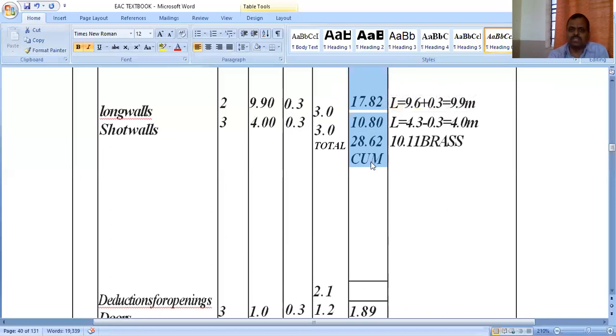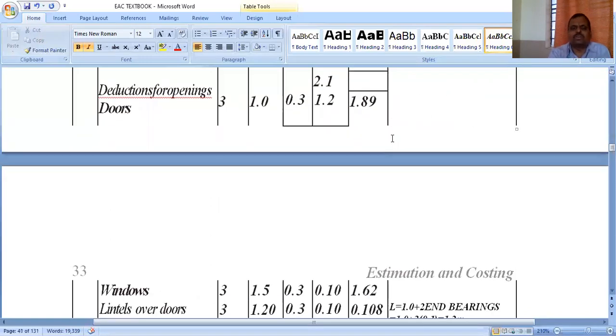So just divide this 28.62 by 2.83 to convert the quantity from cubic meter to brass. 28.62 divided by 2.83 will be 10.11 brass. In this manner, by using very simple steps, we calculate the quantity of brickwork.